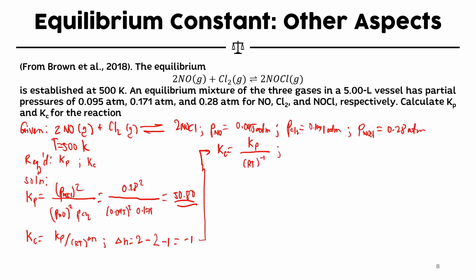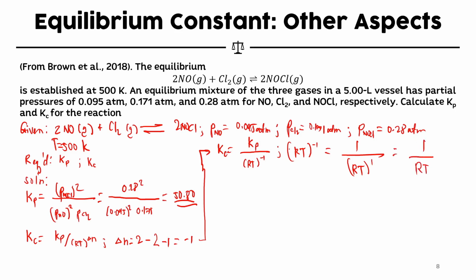Now we know that any value raised to a negative power is equal to the reciprocal of that value raised to the positive power. So RT raised to the power of -1 is equal to 1 over RT raised to the positive 1. So that is equal to 1 over RT.